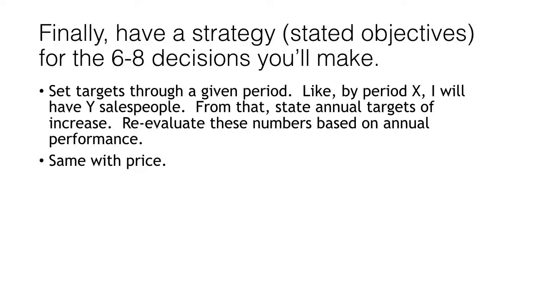So you might set targets for these different things you're going to do. Set targets through a given period. For example, you might say by period 6, I will have 350 salespeople, and that equates to X amount per year.